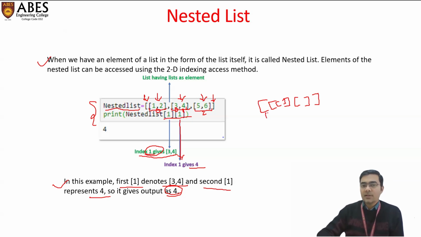On the basis of how many brackets are starting, you can check the list: by counting these brackets, you can tell whether it is a one-dimensional, two-dimensional or three-dimensional list. There are some examinations where such questions are asked, and they are answered like this: you just count the brackets and answer the question. So this is the nested list.